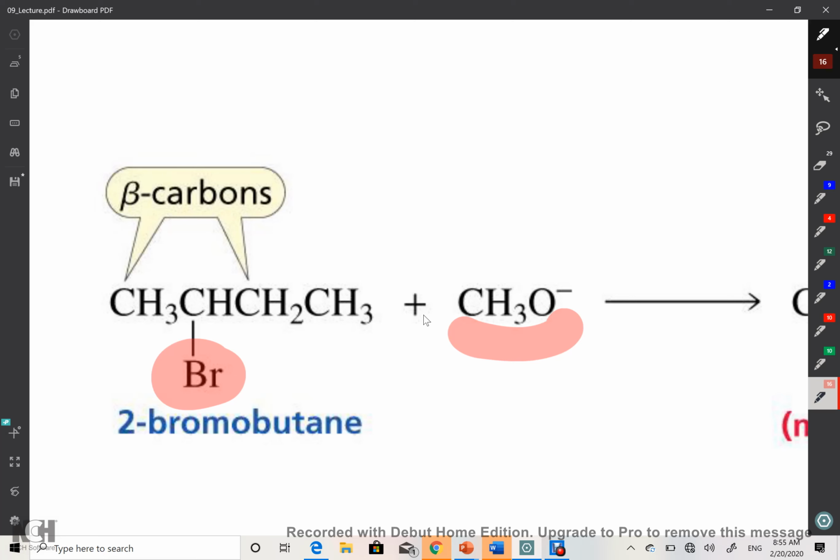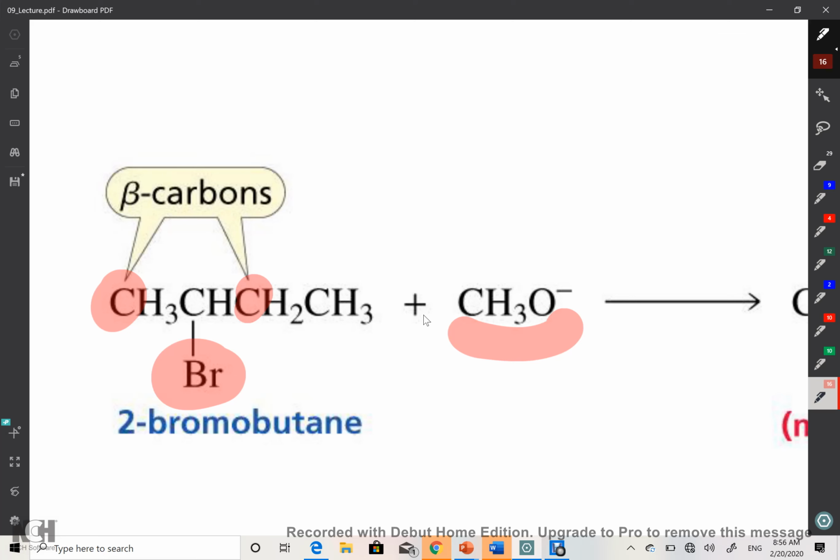One of them is a primary carbon, and this other beta carbon is a secondary carbon. So they are not the same. Okay, one of them will be preferentially used over the other. Does that make sense? So between these two beta carbons, one of them will be used over the other.